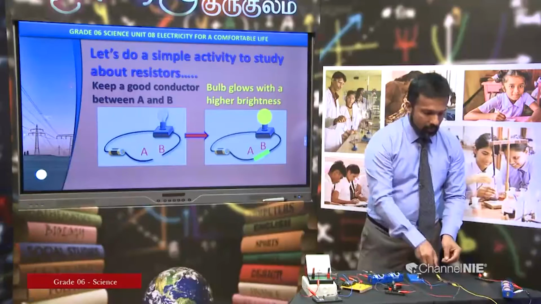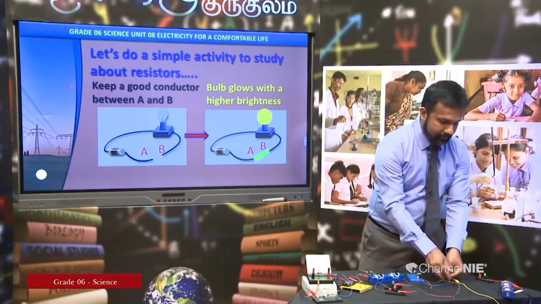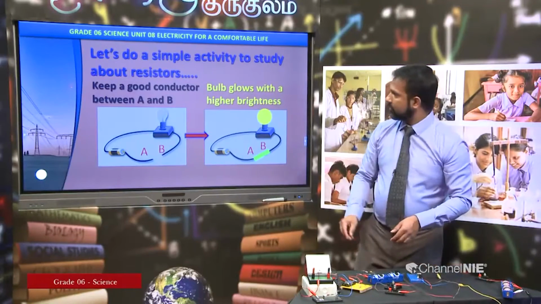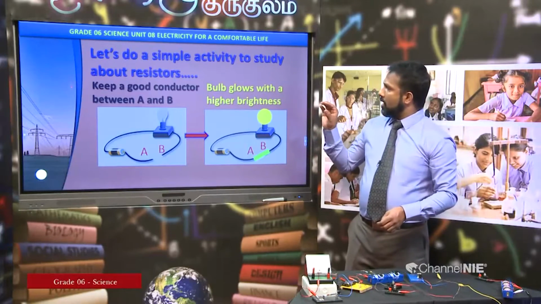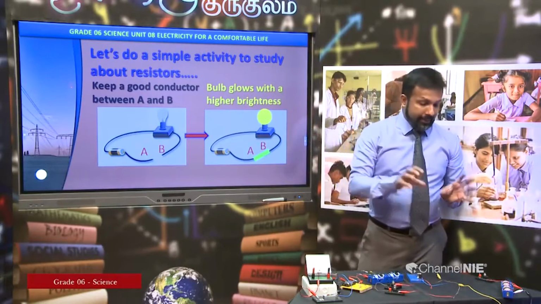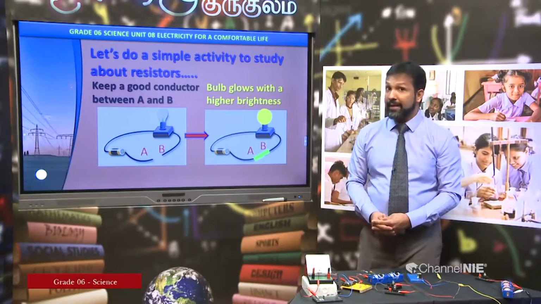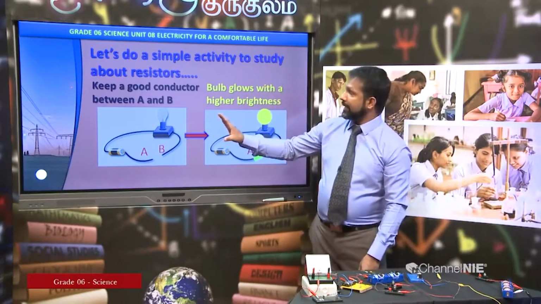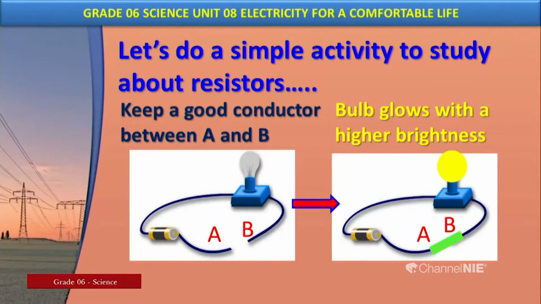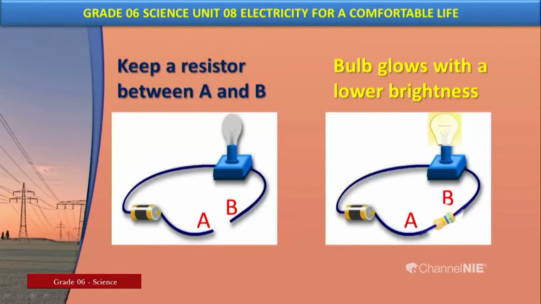Now, I am going to remove the conductor and I am going to keep a resistor between A and B. But keep in mind, before moving to that activity, when keeping a good conductor between A and B, as you watched, the bulb glows with a higher brightness.